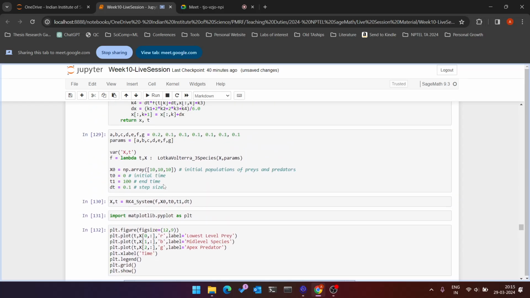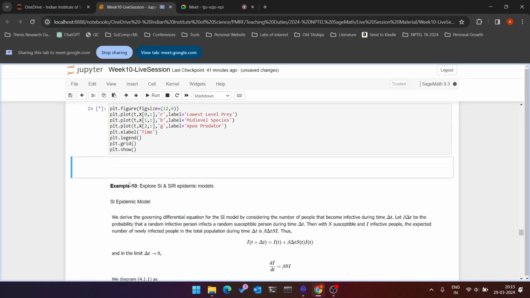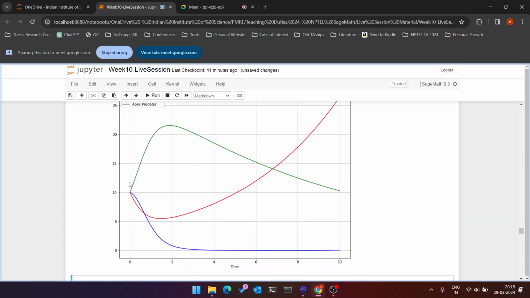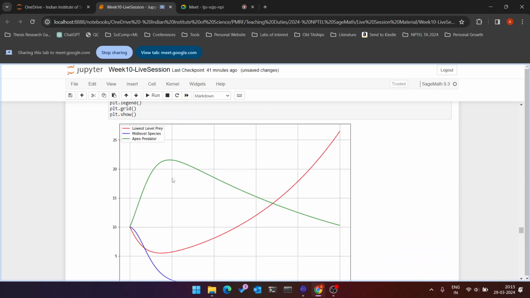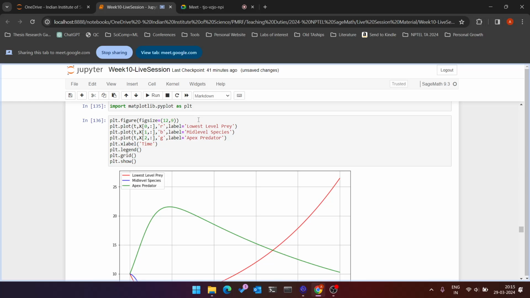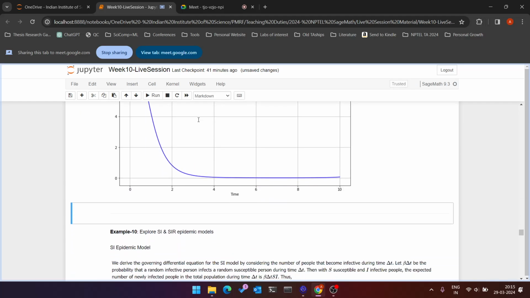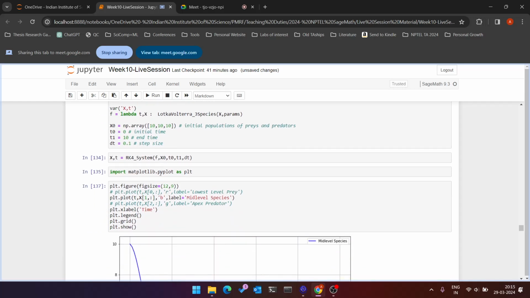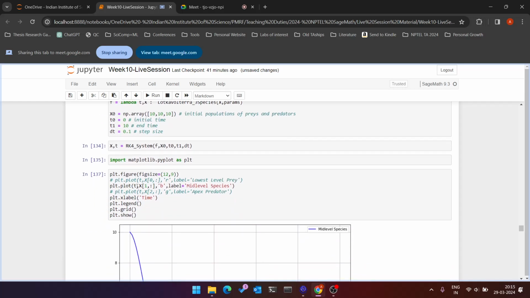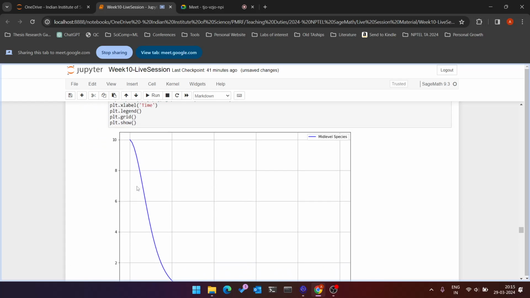So if I decrease the amount of time for which I'm plotting this, this mid-level species goes almost to zero. It's not zero exactly, but I think I can show that better.